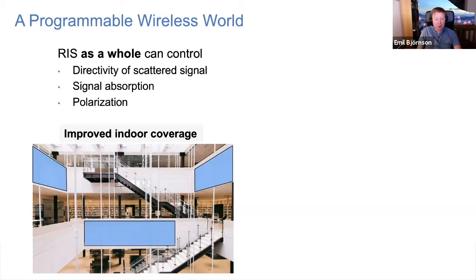And then the signal that comes from above hits the surface, and then this beam is formed into this part of the floor, or this part is reflecting over here, and then it continues like that. So in this way, you can improve indoor coverage, and you can make sure that the signals are getting a good reflection, and you are getting line of sight like properties. The signal doesn't have to rely on penetrating different materials.